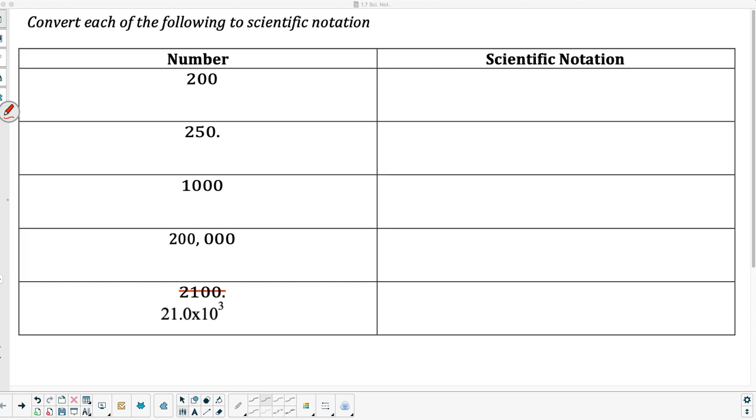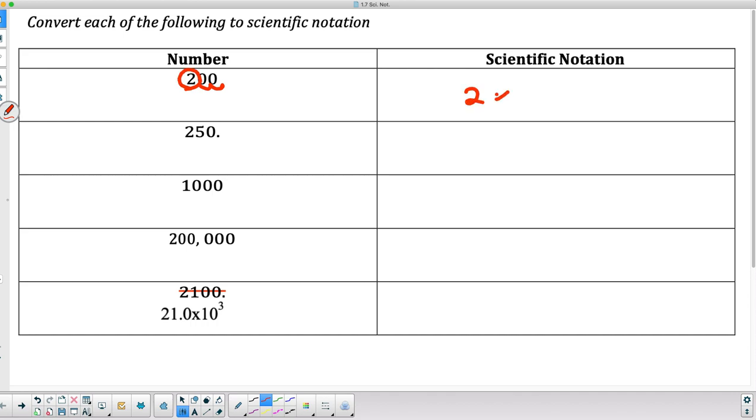First of all, we start off with our number 200, and if we're going to change that into scientific notation, the first thing I do is identify where the decimal point is. The decimal point is right here after the last zero, the last digit in the number. Then I move two places so that I have the number just to the left of it, like that.